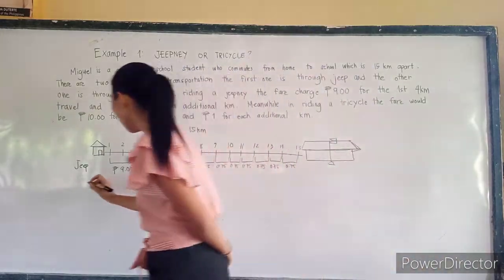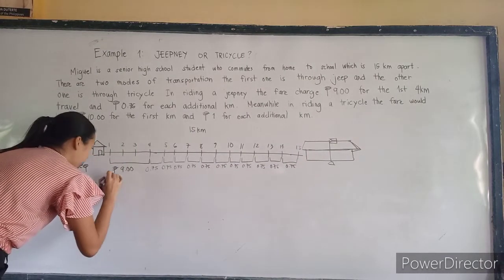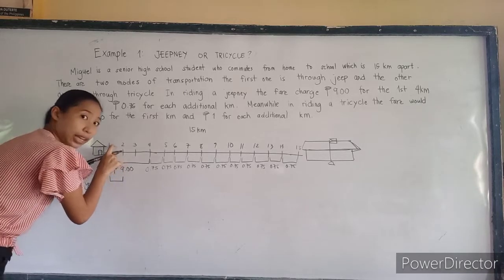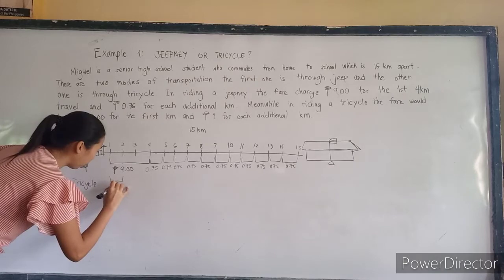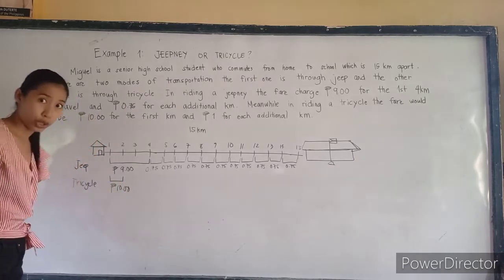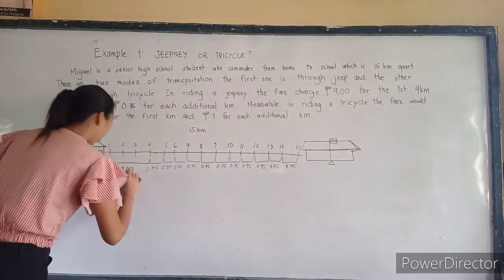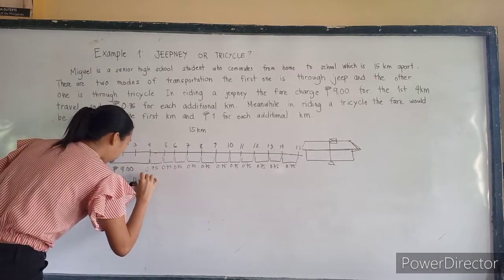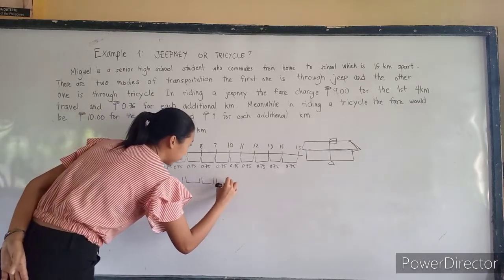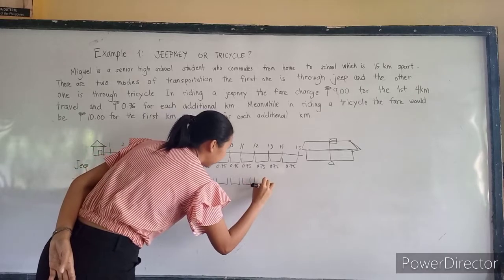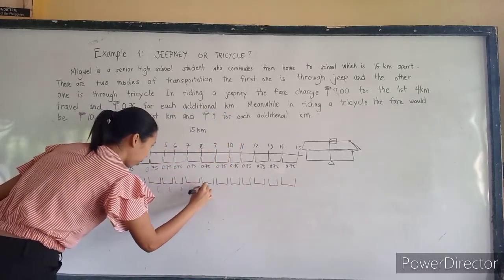So, in this case, kung mag-tricycle siya, sa first kilometer pa lang niya, mubayad na siya og 10 pesos. And then, for the next kilometers, mubayad siya og piso kada isa. Alright, so that is 1 peso additional for each.